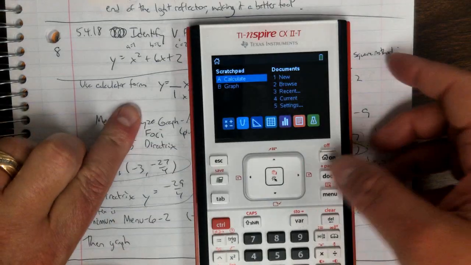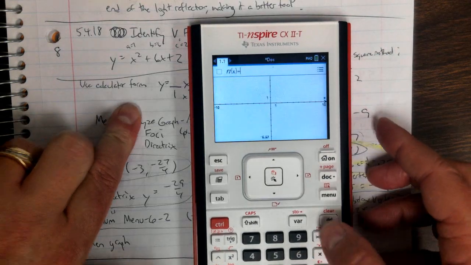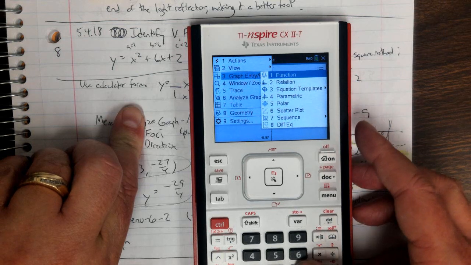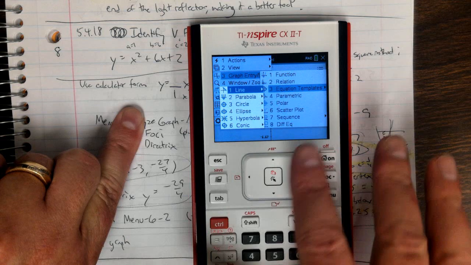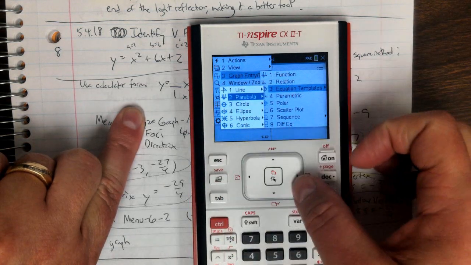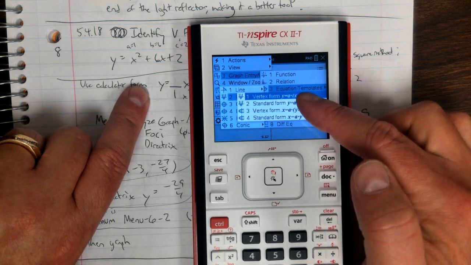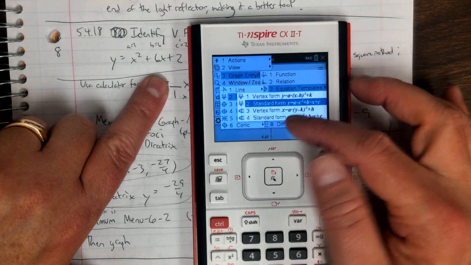If we go to a new document, add graph, then you go to graph entry and equation templates. By the way, it would really help you if you practice while I'm typing this. Instead of line, you want parabola, and it's y equal, so it's going to be one of the top two, the one without the parentheses, and so it's standard.